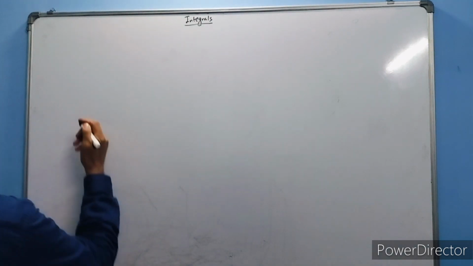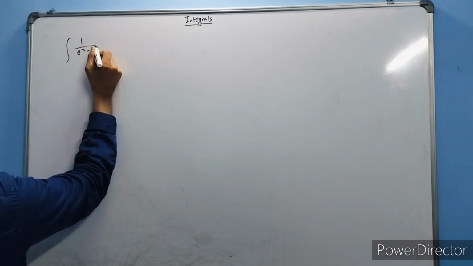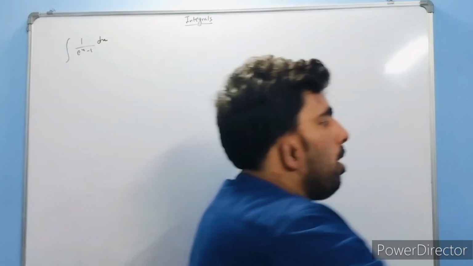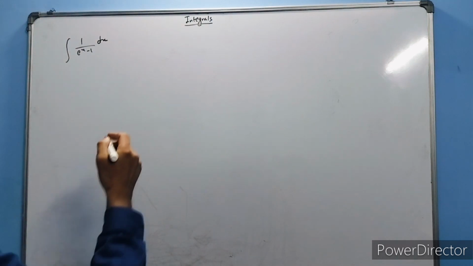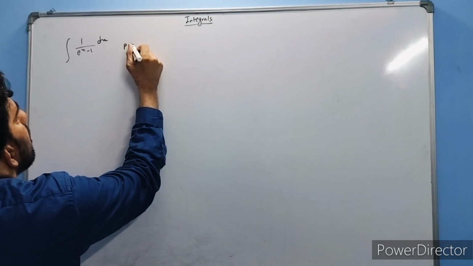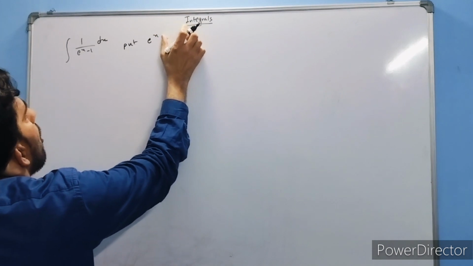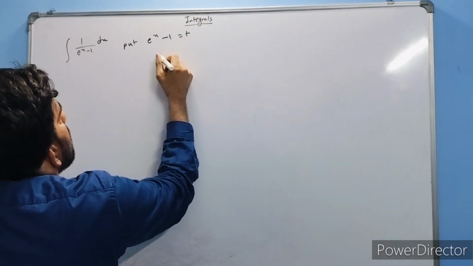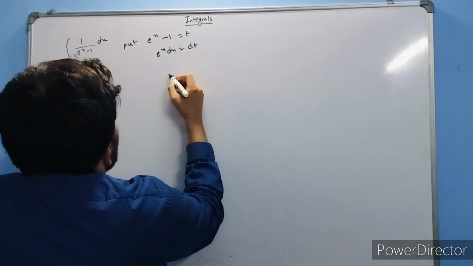Now I have a question, that is 1 upon e to the x minus 1 dx. Okay, so now we'll try to solve such kind of numerical. Put e raised to the power x minus 1 is equal to t, so that e to the x dx is equal to dt.